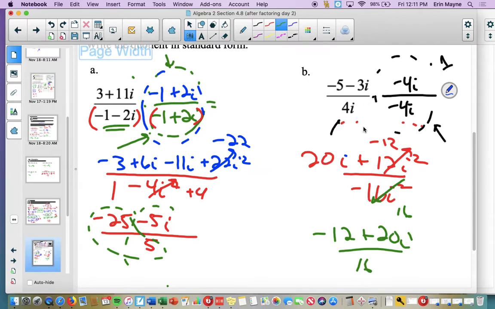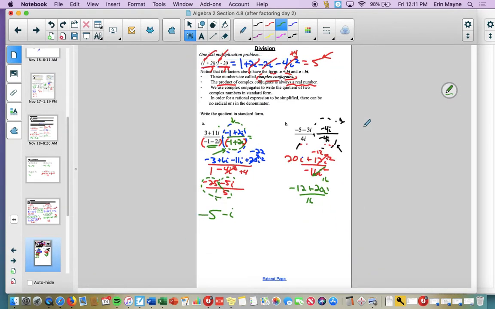I have to be in the habit of reducing this so that this is in a plus bi form. So my final step is to reduce negative 12/16. If I divide that by 4 and divide this by 4, I have negative 3/4 plus 5/4 i.